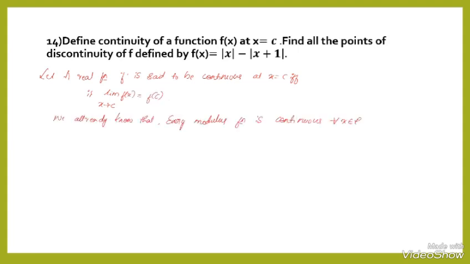Then f of x equals mod x minus mod of x plus 1 is the difference of two continuous functions, since mod x and mod of x plus 1 are continuous everywhere, and the difference is also continuous.